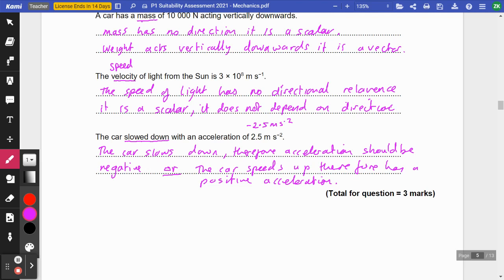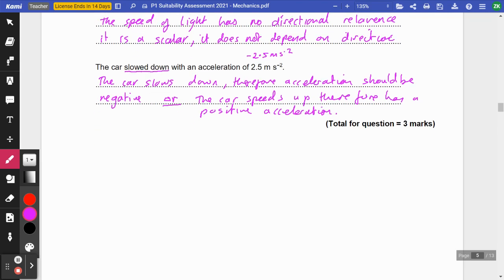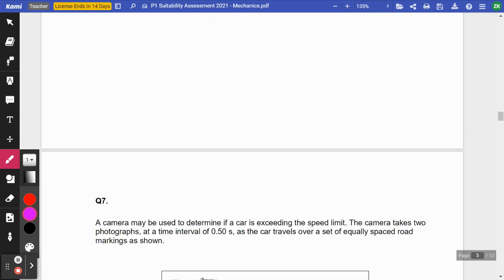Or you could have said, if you left the acceleration as 2.5, the car speeds up, replacing the words slowed down, therefore has a positive acceleration. So you could have replaced it by speeds up, leaving that as a positive, or changing that into a negative because it's deceleration.